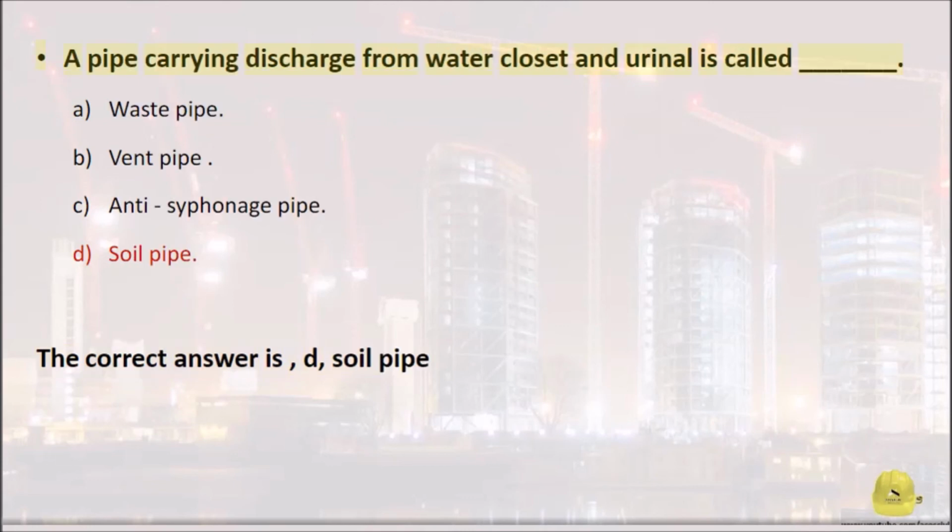A pipe carrying discharge from water closet and urinal is called: A. Waste pipe, B. Vent pipe, C. Anti-siphonage pipe, D. Soil pipe. The correct answer is D. Soil pipe.